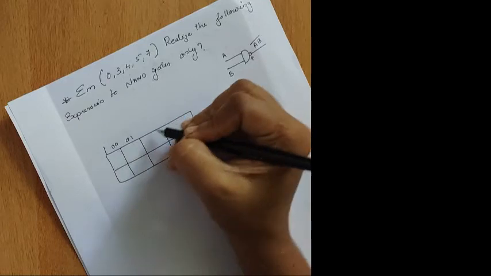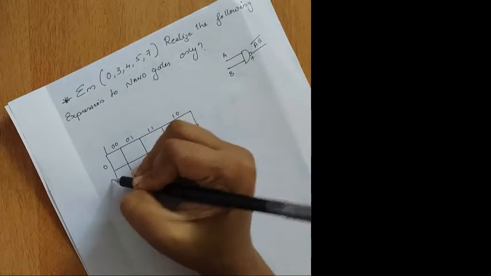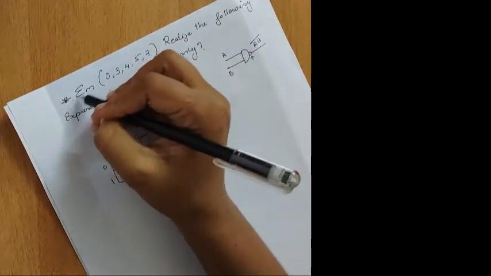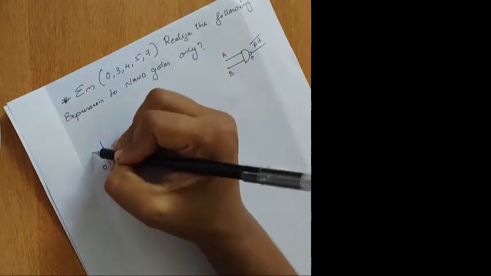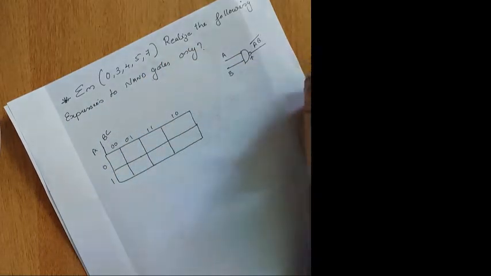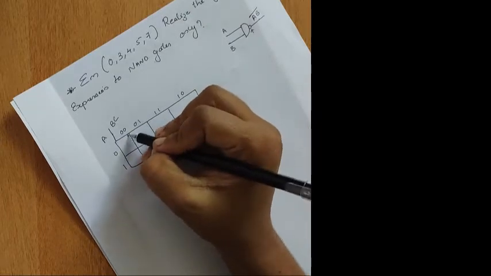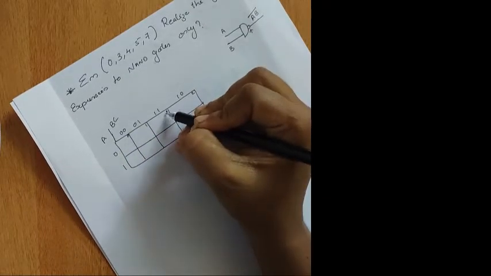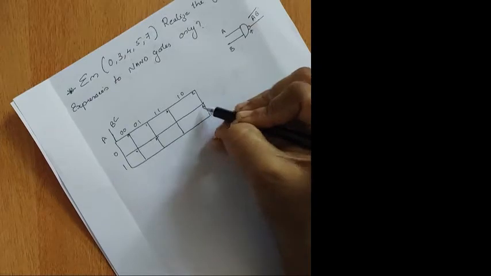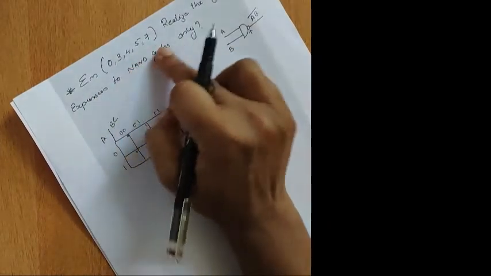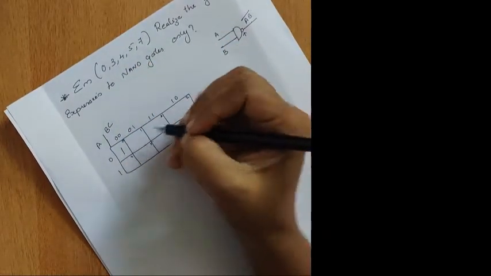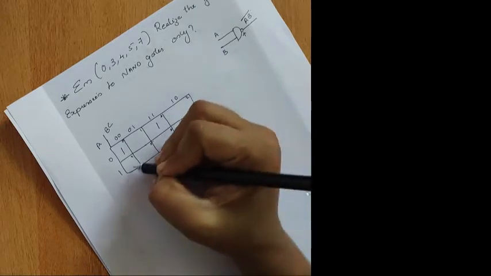As the function is not given over here, I am taking A, B, C. Now whatever data is given, this is 0, 1, 2, 3, 4, 5, 6, 7. So whatever expressions are given over here, you can put 1s at 0, 1, 4, 5, 7.